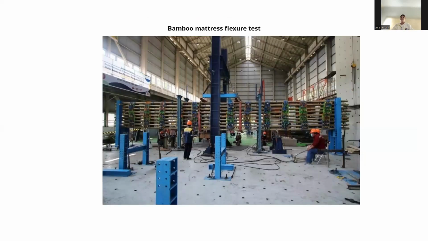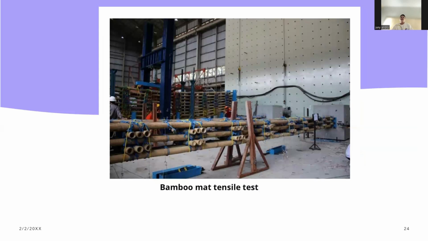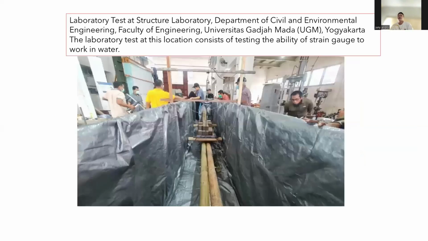Okay, the bamboo mattress has flexural strength, and the bamboo mattress has a mat tensile test, the flexural and tensile testing. This is a laboratory test for the structure in the Civil and Environmental Engineering faculty, University of Gadjah Mada.